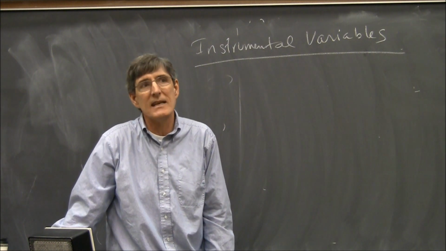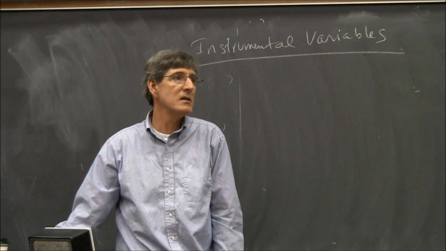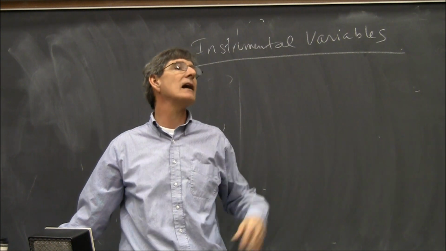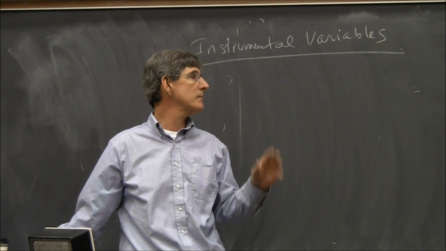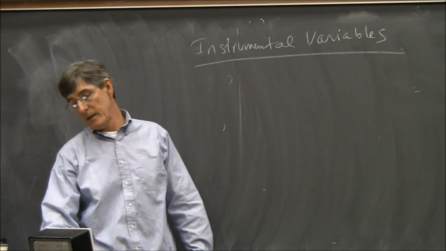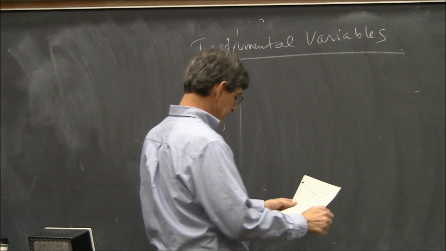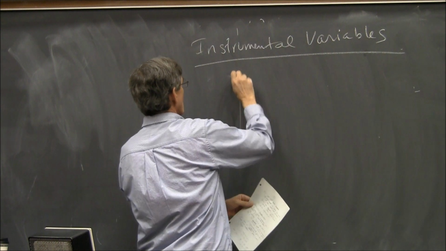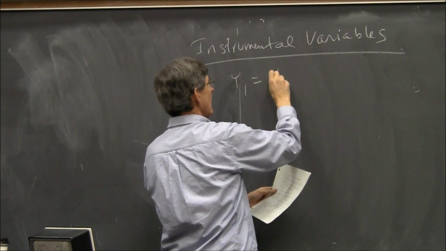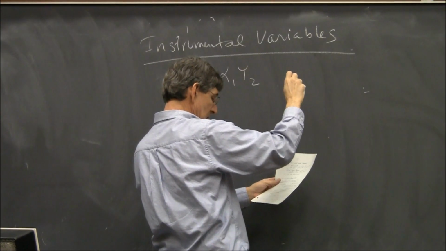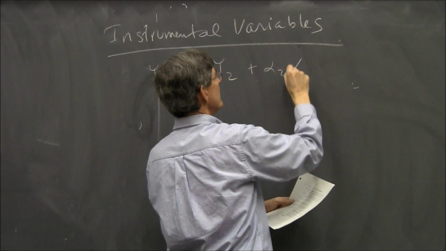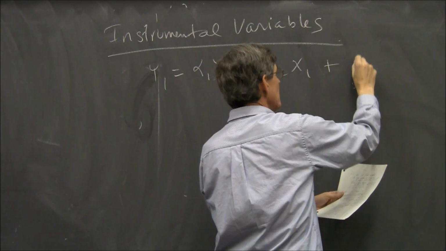A special case of this instrumental variables procedure is what's called two-stage least squares. And that's what we're going to actually be doing. But let me explain this. Let's start with an example. Y1 is alpha 1 y2 plus alpha 2 x1 plus u.